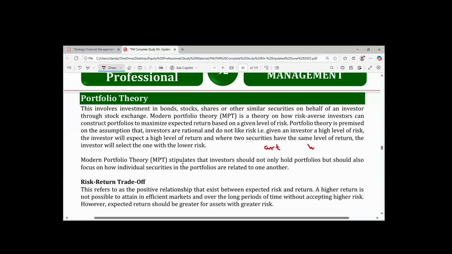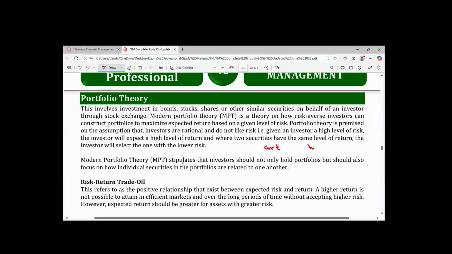Now, what do you understand by modern portfolio theory? The modern portfolio theory is a theory that is based on how a risk-averse investor can construct a portfolio to maximize expected return at a given level of risk. Okay, I repeat, the examiner can ask you to explain modern portfolio theory.